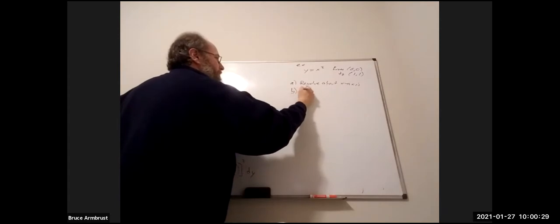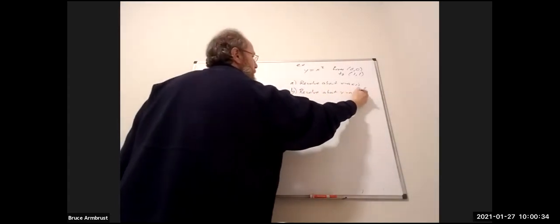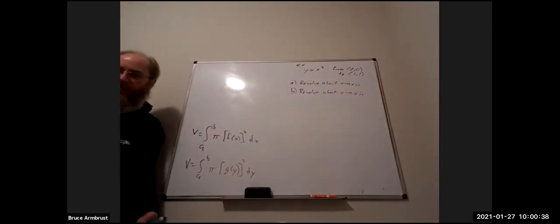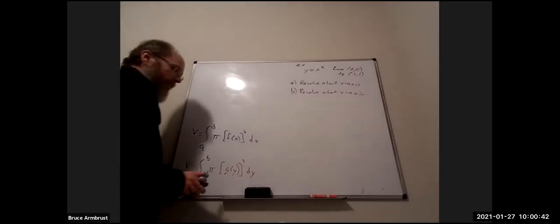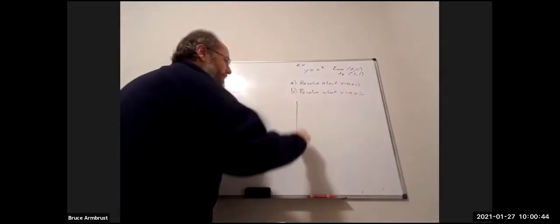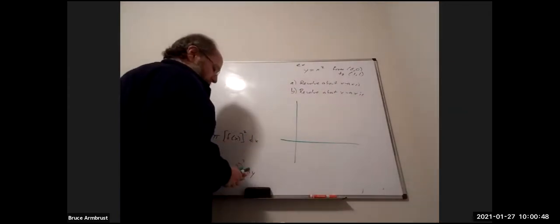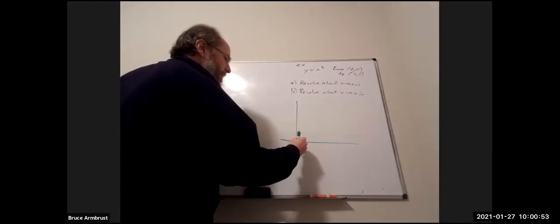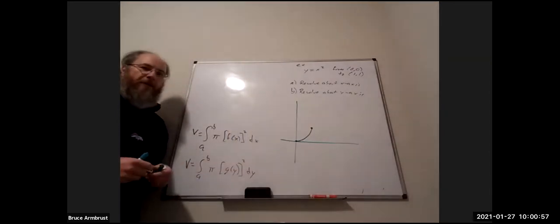And then we're also going to revolve it about the y-axis. So we'll figure out those two volumes, see those two shapes and what their volumes are, so we can compare them. All right, so here we go. We're going from 0, 0 to 1, 1 on y equals x squared. So there's that piece right there.